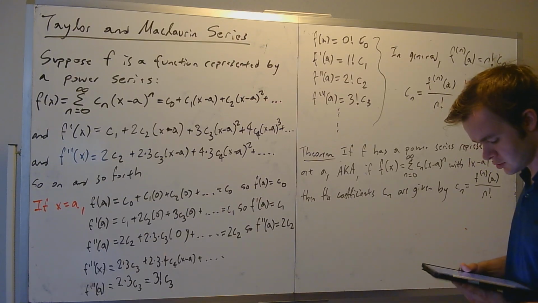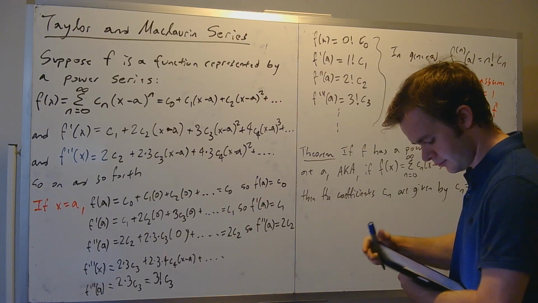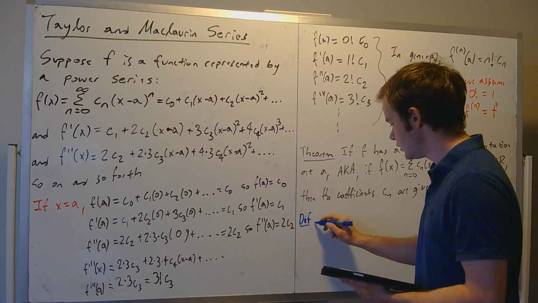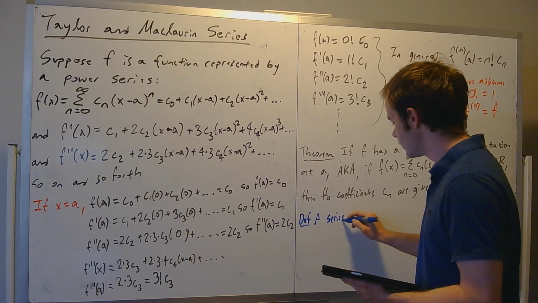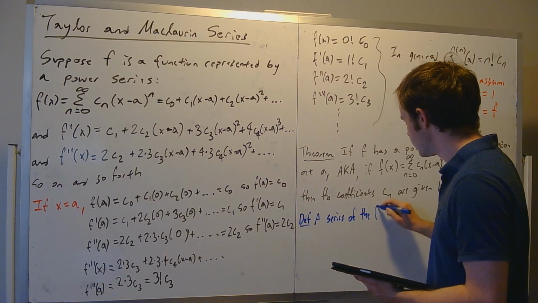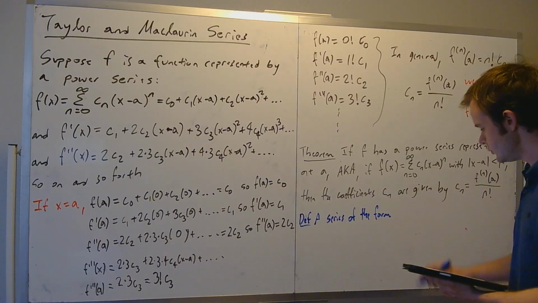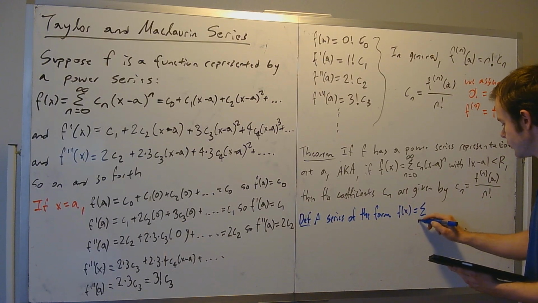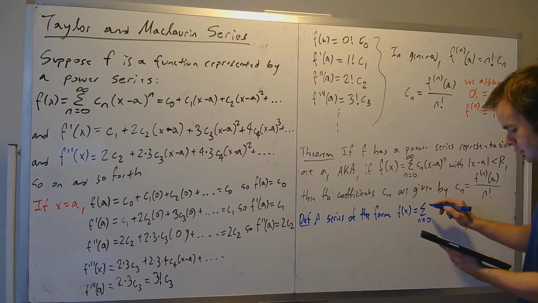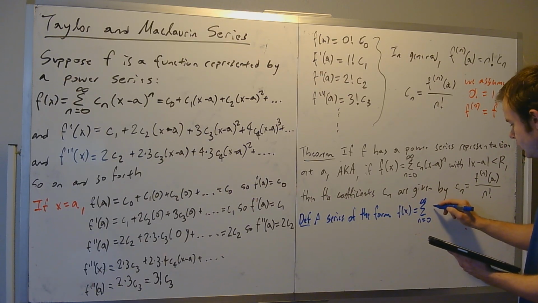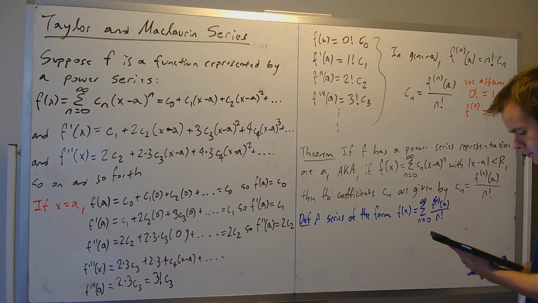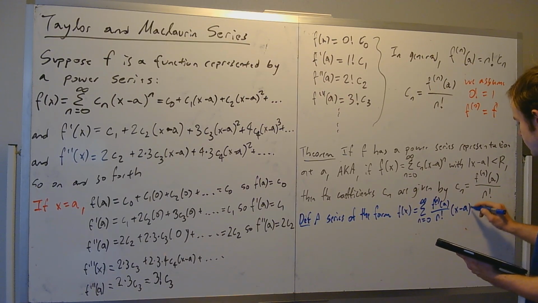So we can have a definition here. Let me write this down. Definition: a series of the form f of x equals the sum from n equals 0 to infinity of the nth derivative of f at a over n factorial times x minus a to the power of n.